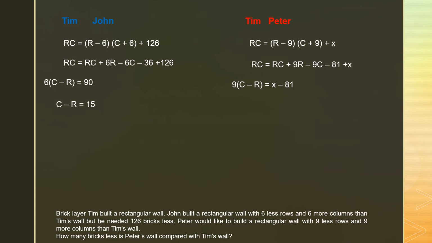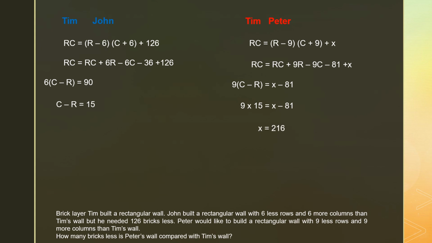Since we know C minus R equals 15 from Tim and John, we substitute C minus R with 15. Now 9 times 15 equals X minus 81.